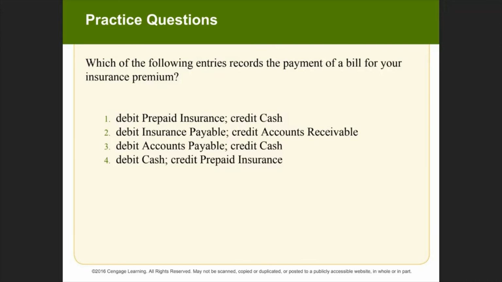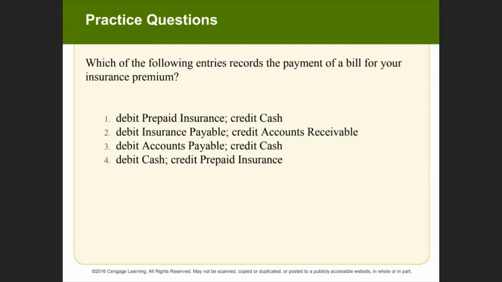And I think this is the last one. Which of the following entries records the payment of a bill for your insurance premium? That's prepaid insurance. For your premium, you actually get something. So I would say debit accounts payable, credit cash.